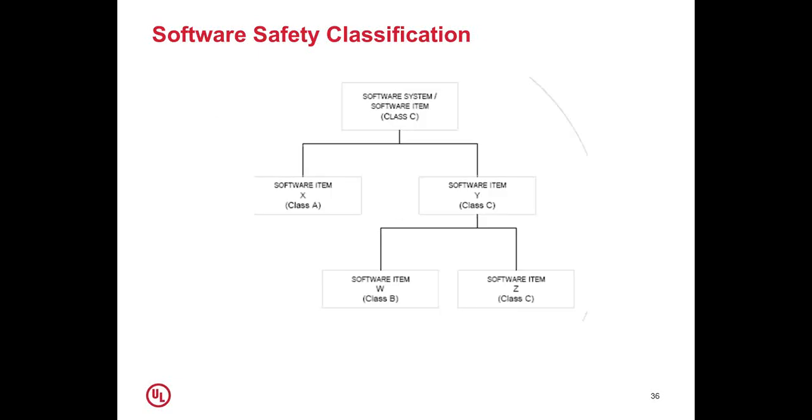So here is an example for a software system: software item W is class B and software item Z is class C. So the effective software item Y is going to be class C, which is severe, and the other software item X is only a class A with no risk, but since software item Y is a class C, the overall software system becomes a class C.